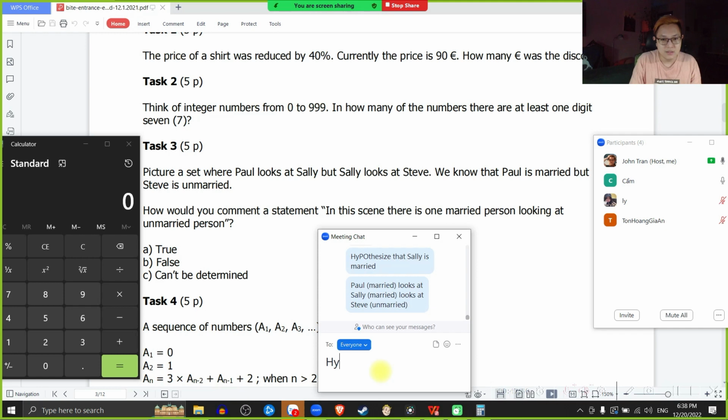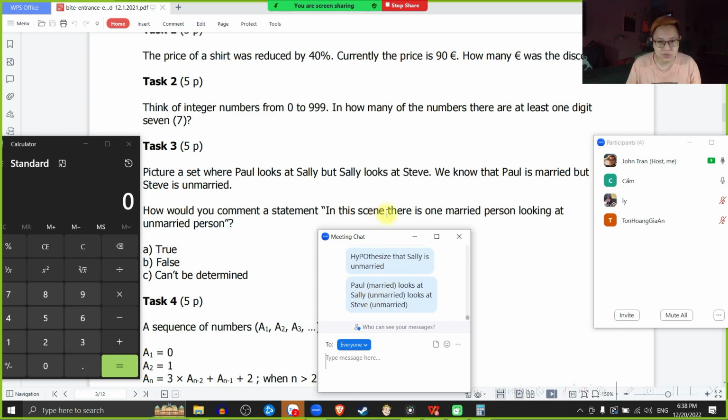Bây giờ giả thuyết thứ hai. Hypothesize that Sally is unmarried. Bây giờ giả thuyết đi, Sally chưa cưới đi thì sao? Thì cũng có ít nhất là một người đã cưới là Paul, nhìn mà một người chưa cưới là Sally.